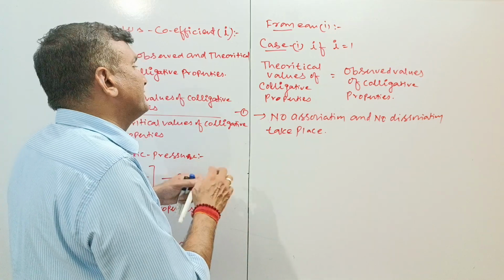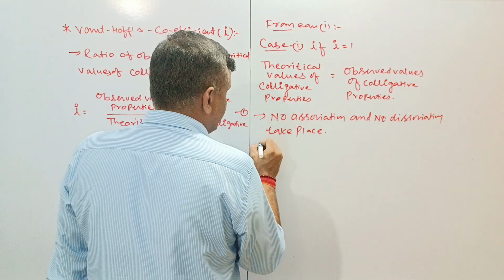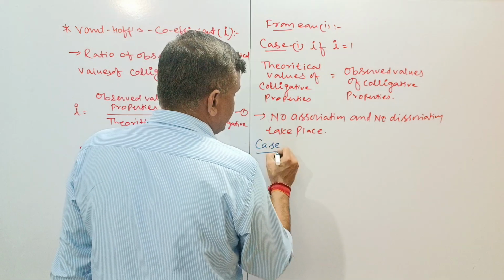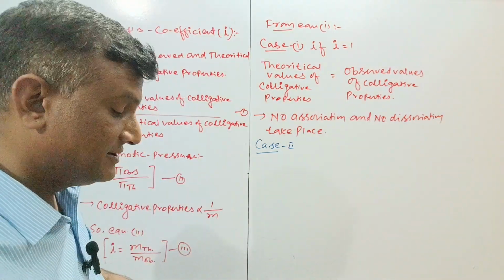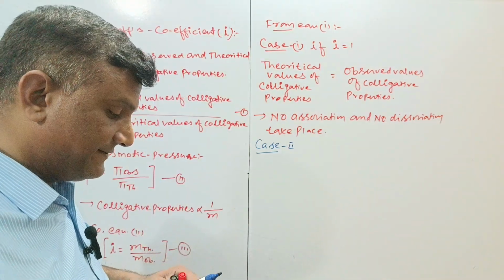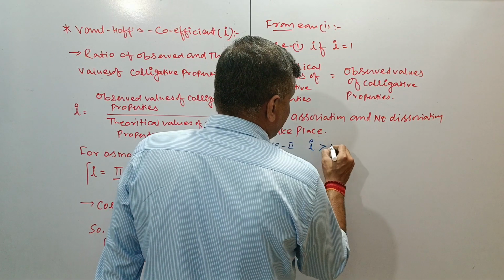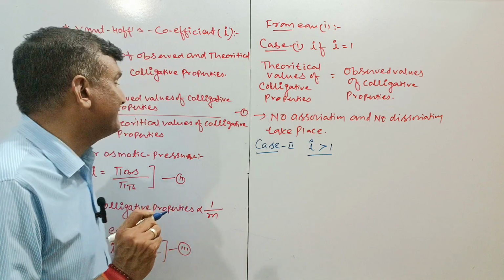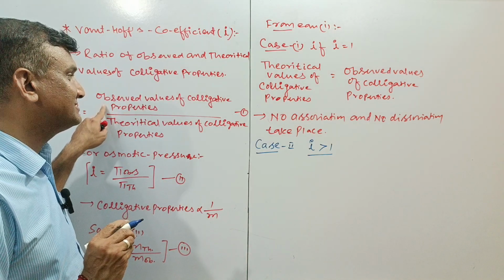Now I would like to go with case second. It's too important for us. If the value of i is greater than 1, it means the theoretical value is lesser and the observed value is larger.